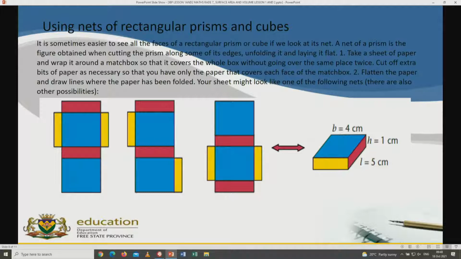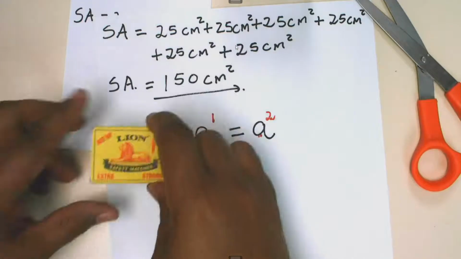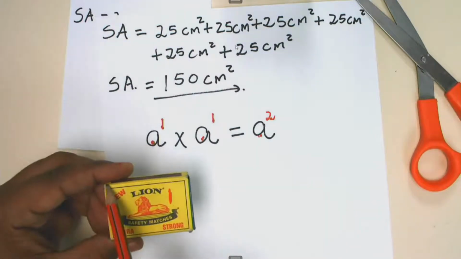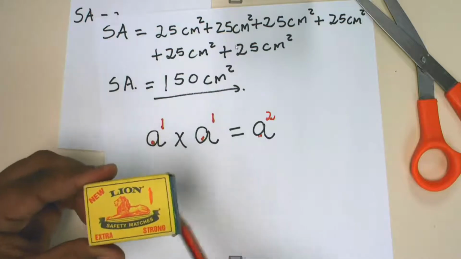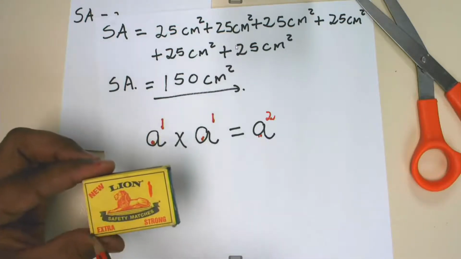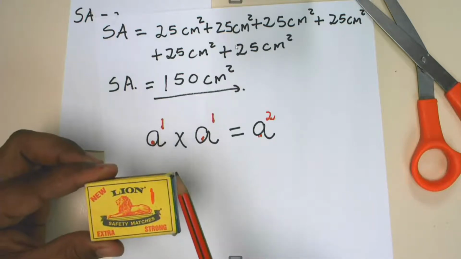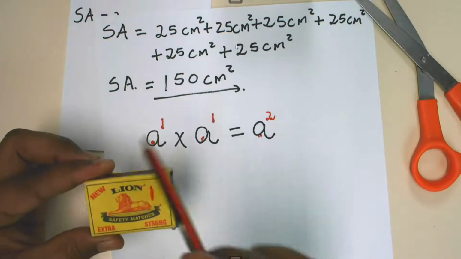A net of a prism is the figure obtained when cutting the prism along some of its edges. I am sure you will be aware that these lines here we call the edges, and the points here are the vertices. Then we have the edges, the faces, and the vertices.